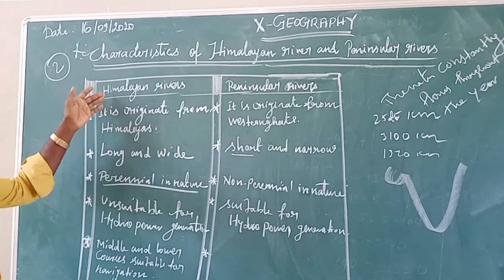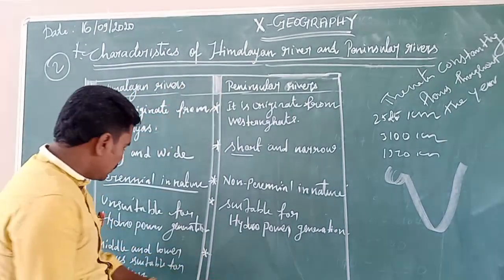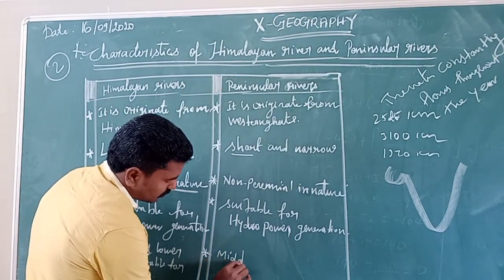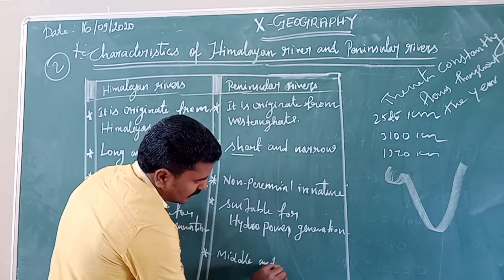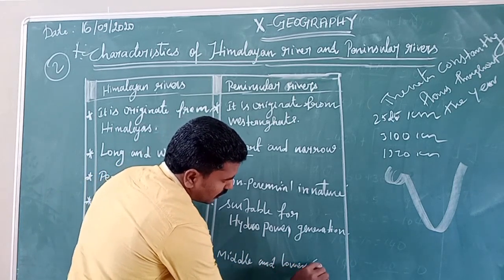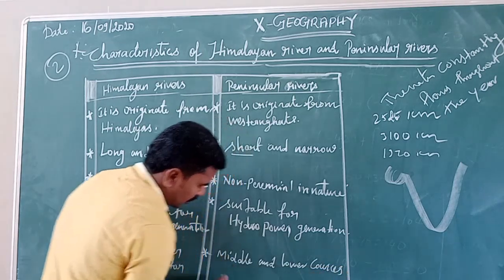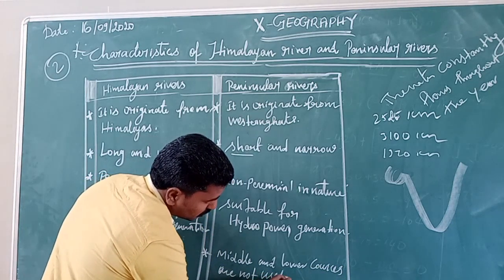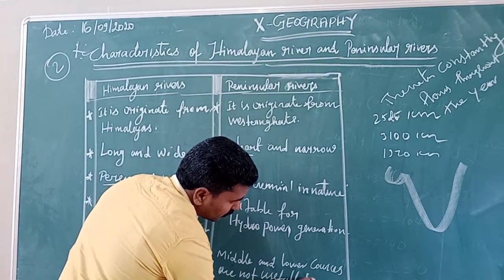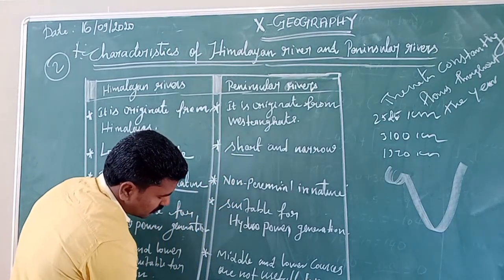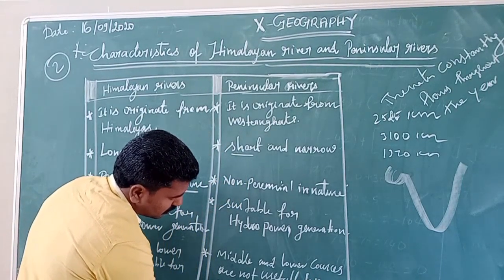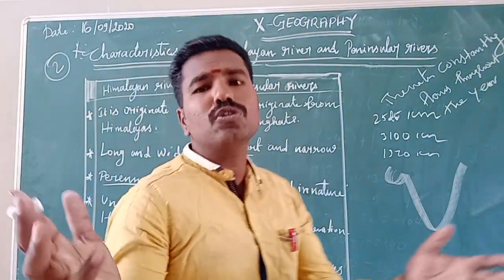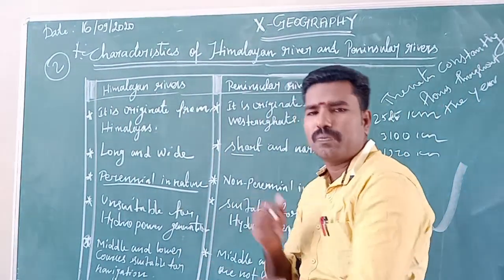This is the Himalayan nature, but when it comes to the south peninsular rivers, the middle and lower courses are not useful for navigation, because they are very narrow.